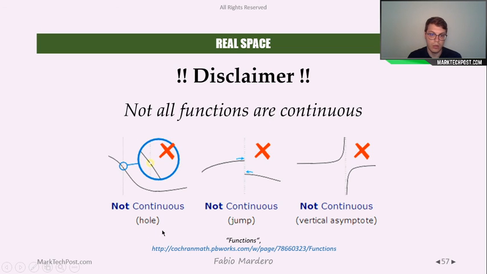Even here with a hole, the function is not continuous, because we cannot write it down without lifting the pen from the paper. But this problem could be easily fixed by taking the limit at this point, which is an accumulation point, because we have just one hole with respect to only one point. And here with the vertical asymptote, the function is not continuous.